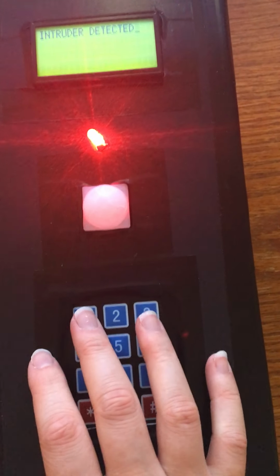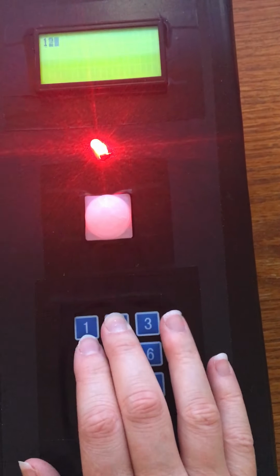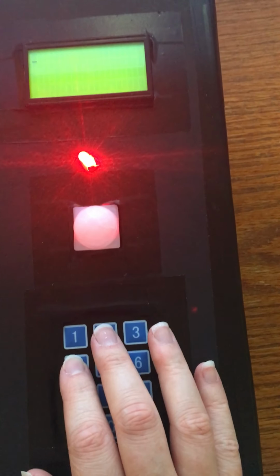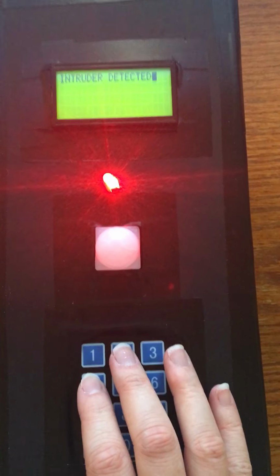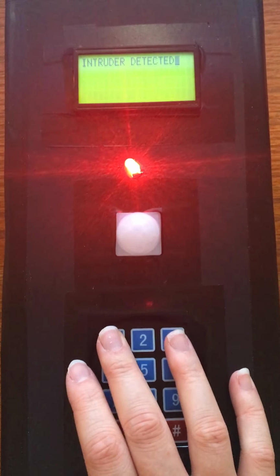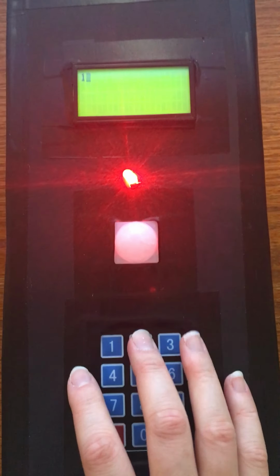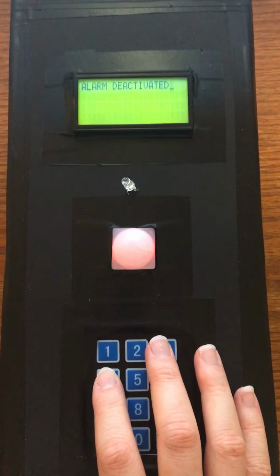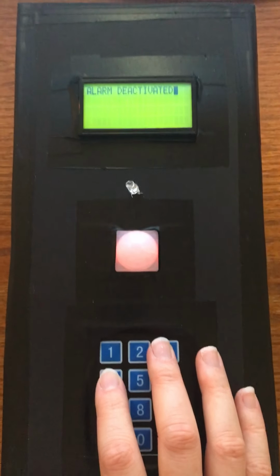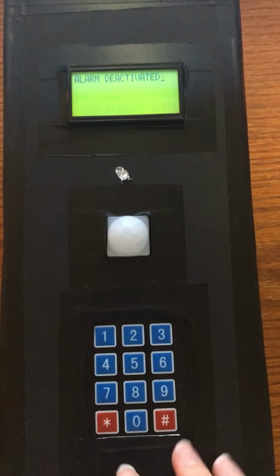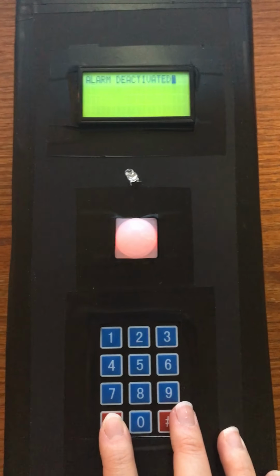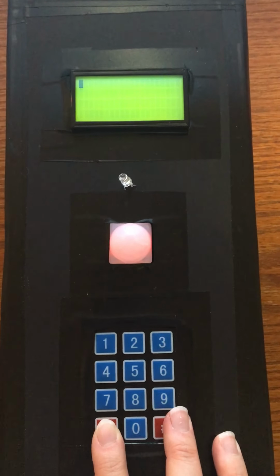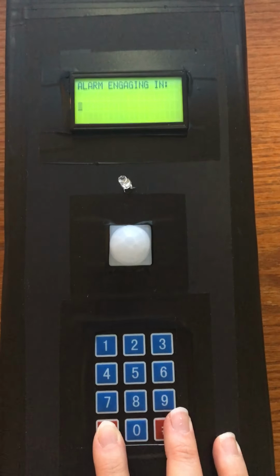And then if I type in the wrong PIN, it remains in the intruder detected phase. And then if I input the correct PIN, it goes to the alarm deactivated stage. And then if I press the star key, it resets.